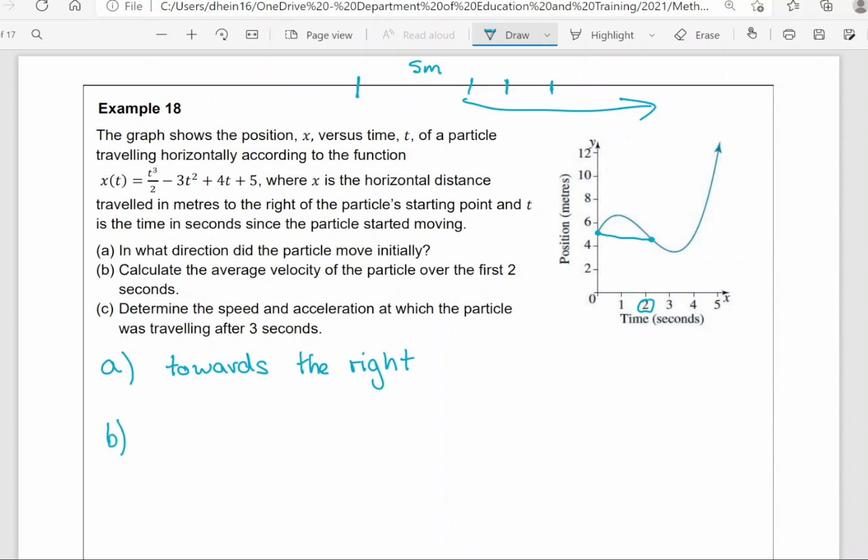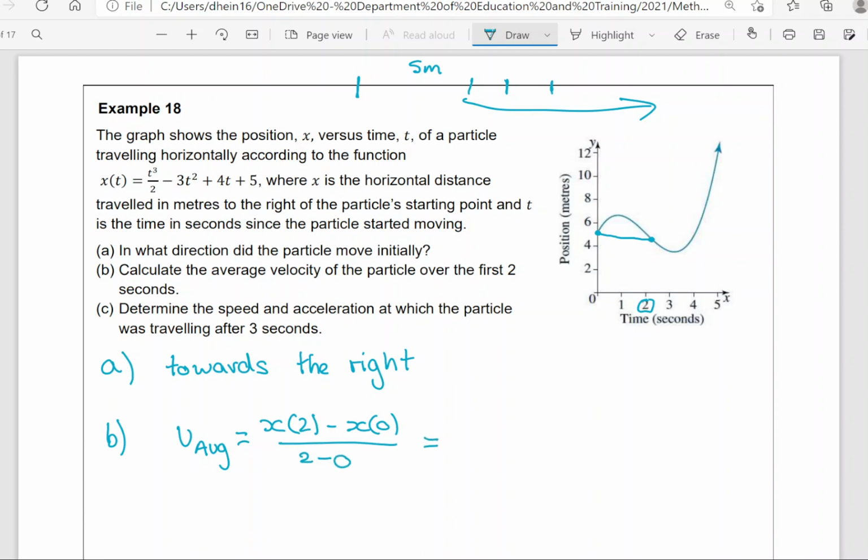So this can be expressed as average rate of change, average velocity, let's say. Actually, I'm going to get rid of that entirely and just call it v average. So that's going to equal the distance at 2 minus the distance at 0 over 2 take 0.